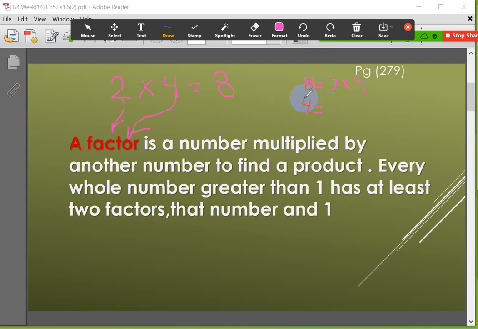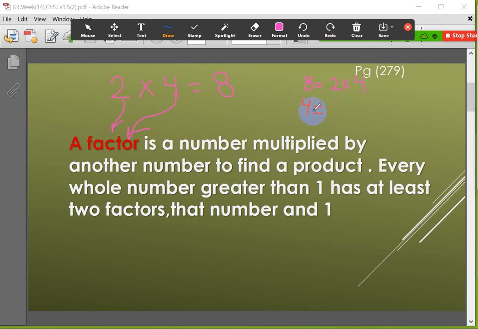So if I told you, give me factors for 4, that means I want numbers. If I multiply those numbers by each other, the product will be 4. So I have to think about the multiplication table, and I told you please revise the multiplication table.